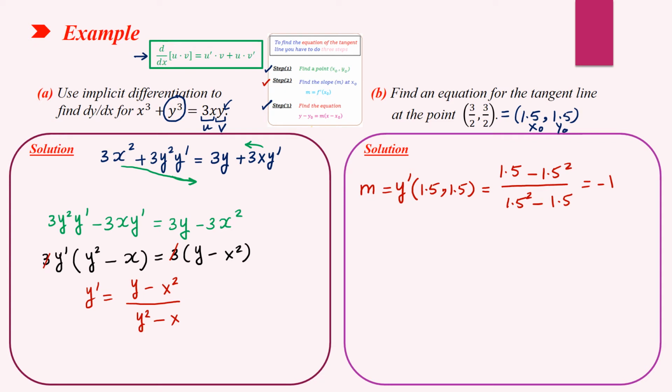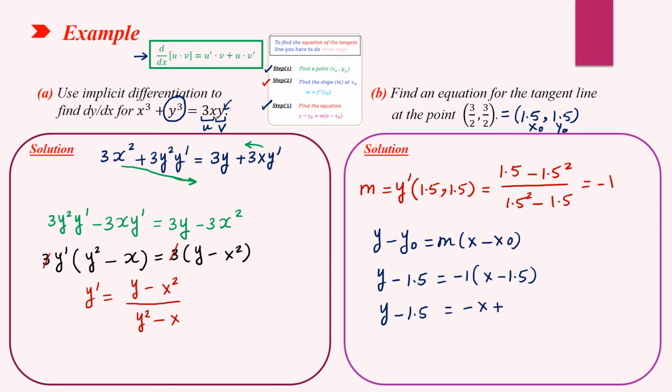Now step 3, you have to find the equation of the tangent line, which is y minus y0 equals m multiplied by x minus x0. Everything is given, so we have y minus 1.5 equals our slope negative 1 multiplied by x minus 1.5. So y minus 1.5 equals negative x plus 1.5.